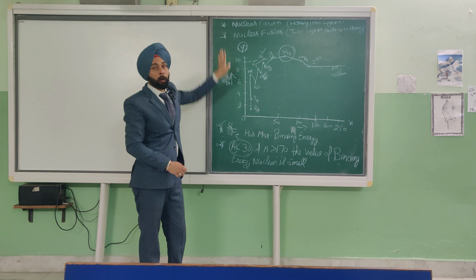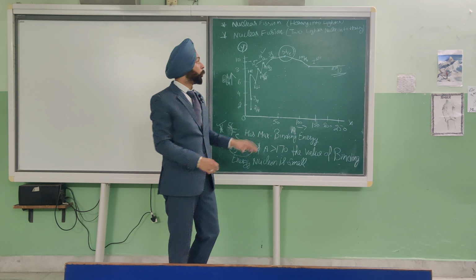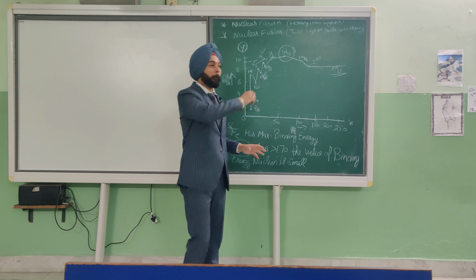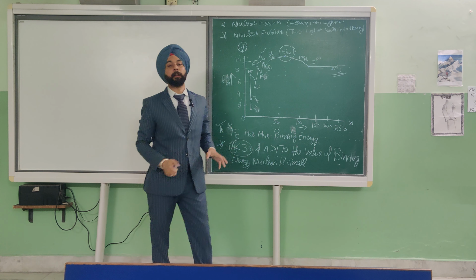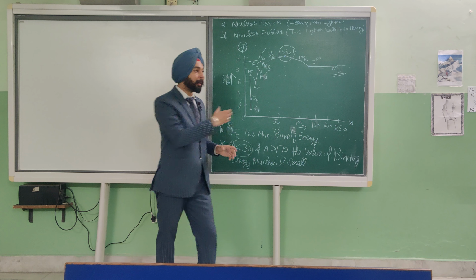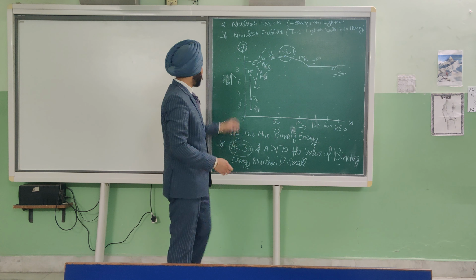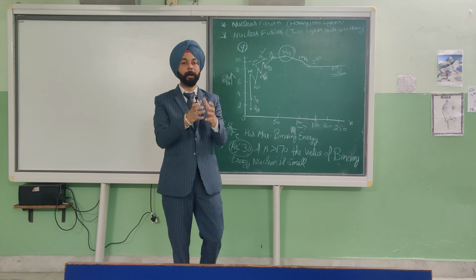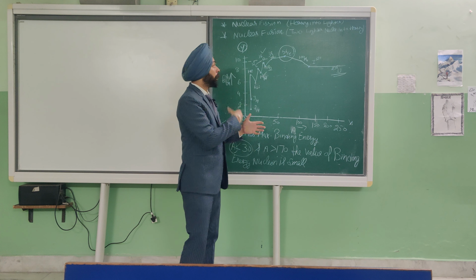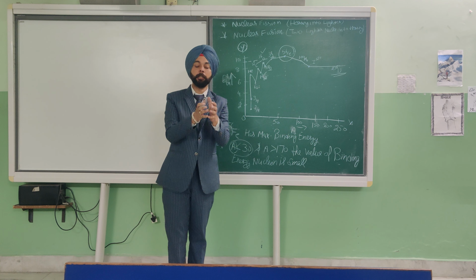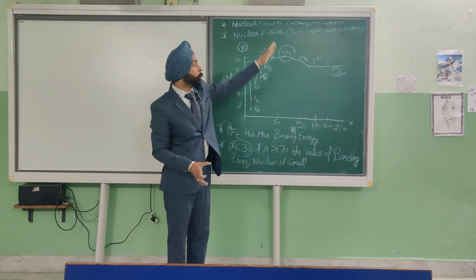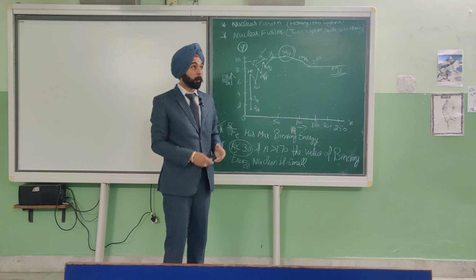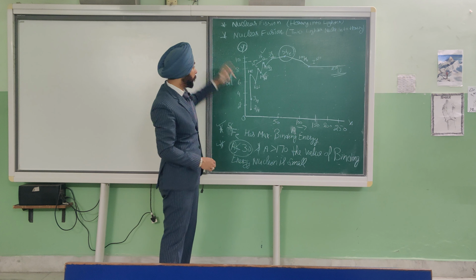In nuclear fission, a heavy nucleus breaks down into lighter nuclei, so energy is released. And in nuclear fusion, two lighter nuclei combine with each other, or we can say fuse with each other, and are converted into a heavier nucleus.